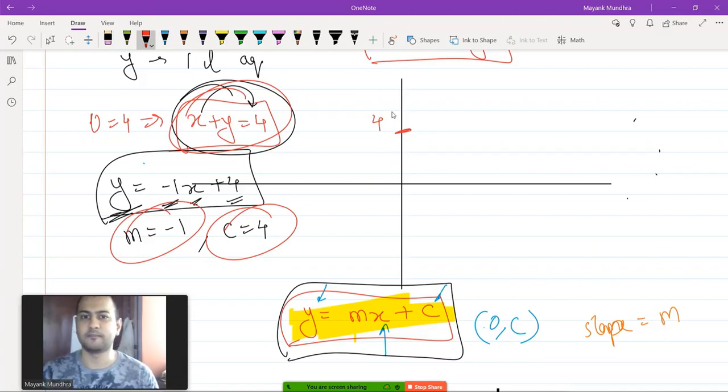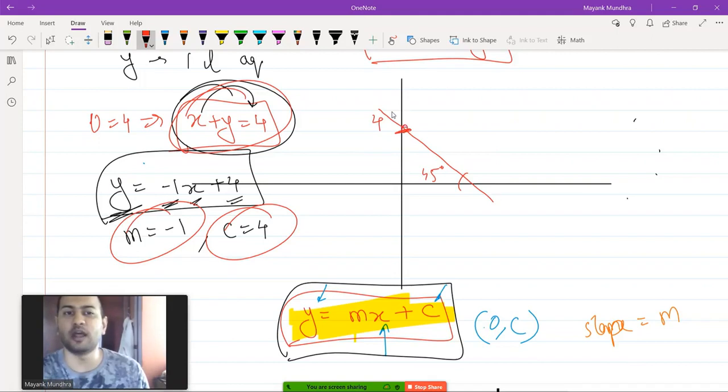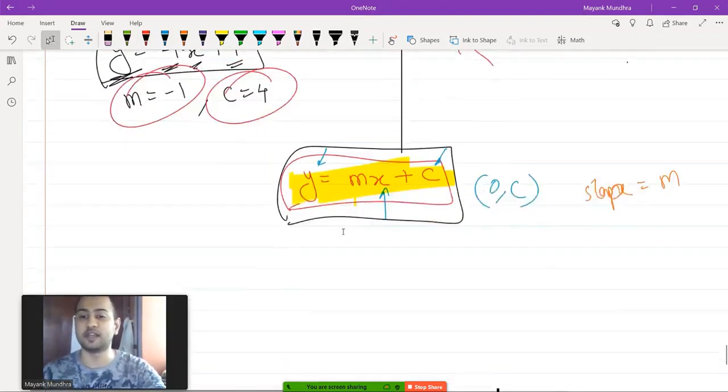It is a negative slope of minus 1, so it's going to be 45 degrees here. So it passes through the point 0 comma 4 with slope minus 1. So this is the line x plus y equals 4. x plus y equals 4 seems like a very simple line, but you can get the equation of any line in this format.